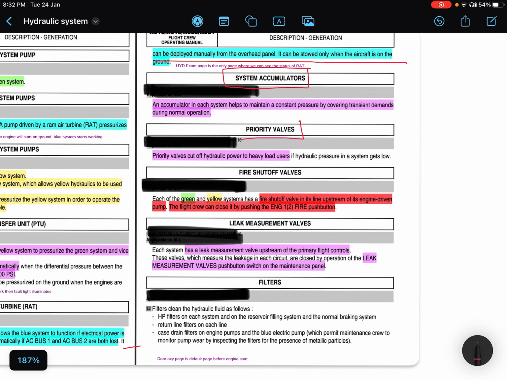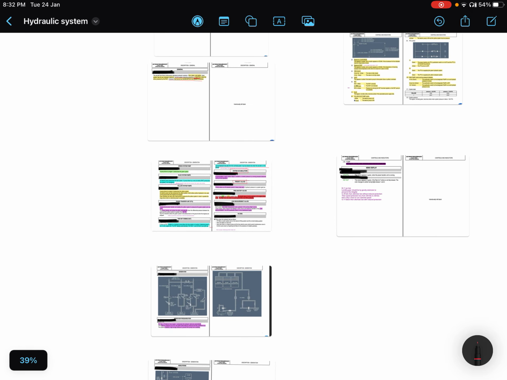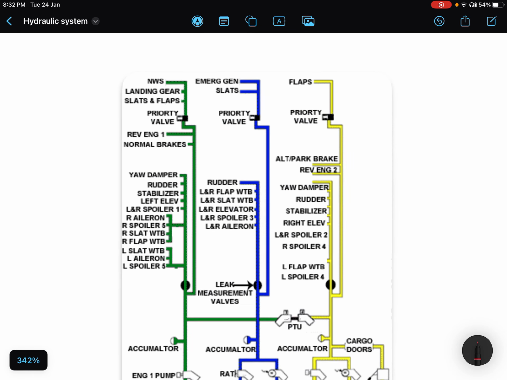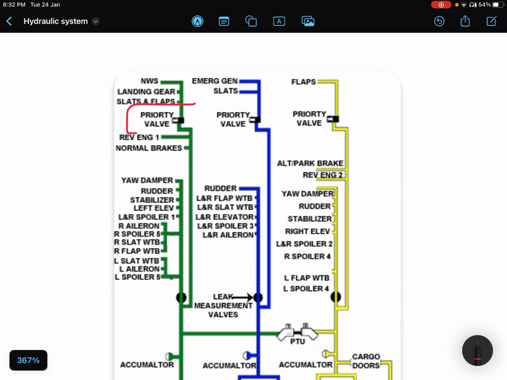What are priority valves? Priority valves prioritize the pressure in case of any emergency. So where are these priority valves? These are just before the heavy load users.